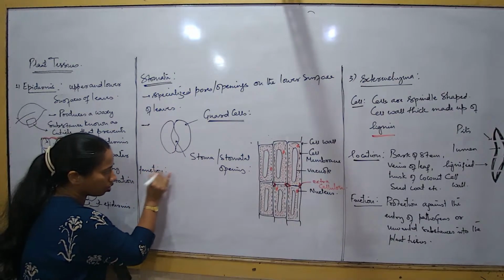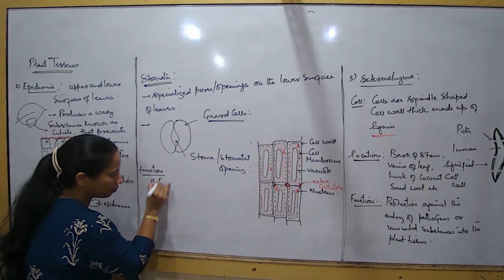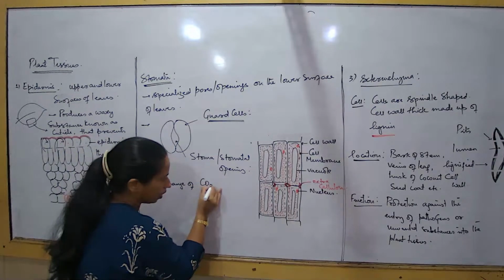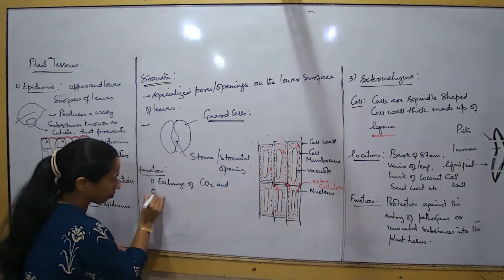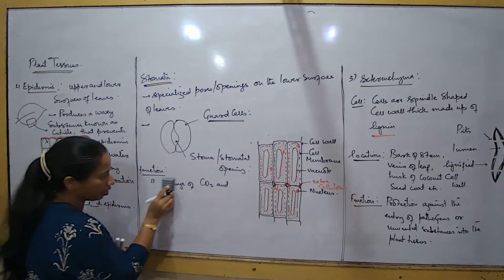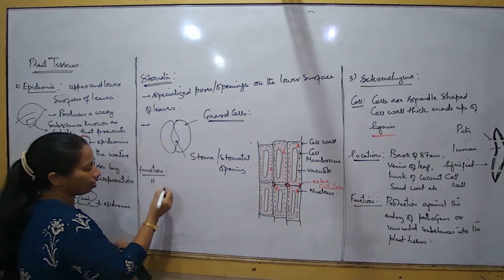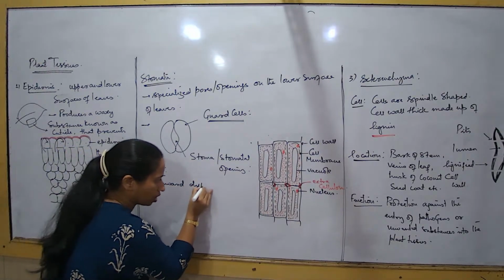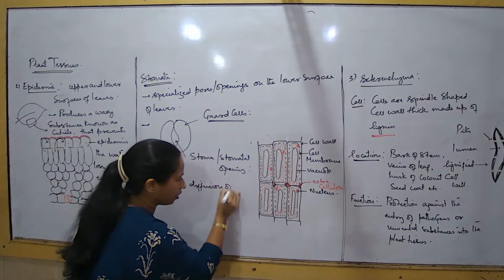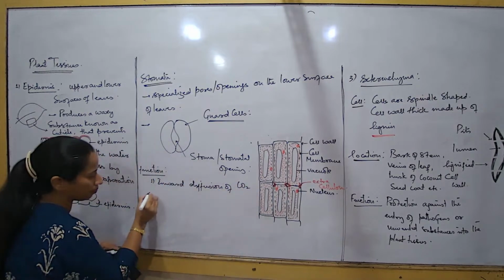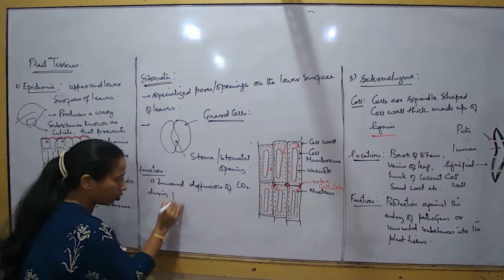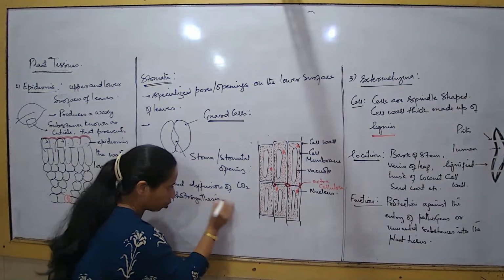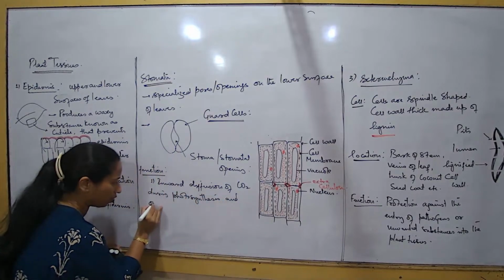What would be the function of this stomata? Number one, exchange of carbon dioxide and oxygen. If I write specifically, what is the job of the stomata? The inward diffusion of carbon dioxide during photosynthesis, and the outward movement of oxygen.